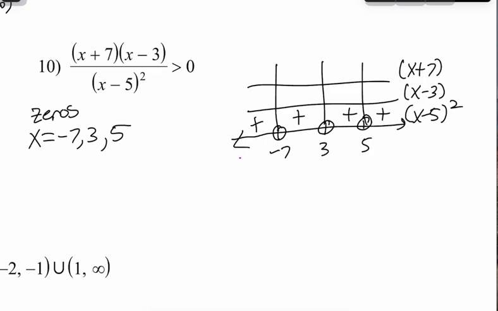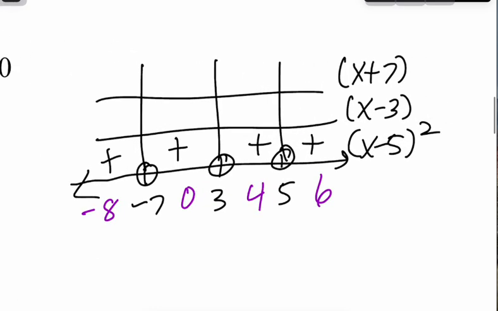So now let's plug in -8, 0, 4, and 6 to answer the question, what's our sign? If you plug in -8 to all of those, you get a negative and a negative and a positive, which is a positive in that region. If you plug a 0 into all of those, you get a positive and a negative and a positive, which is negative.